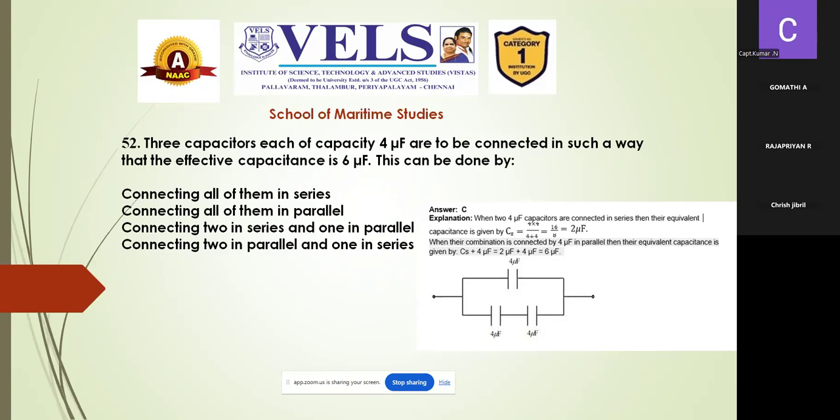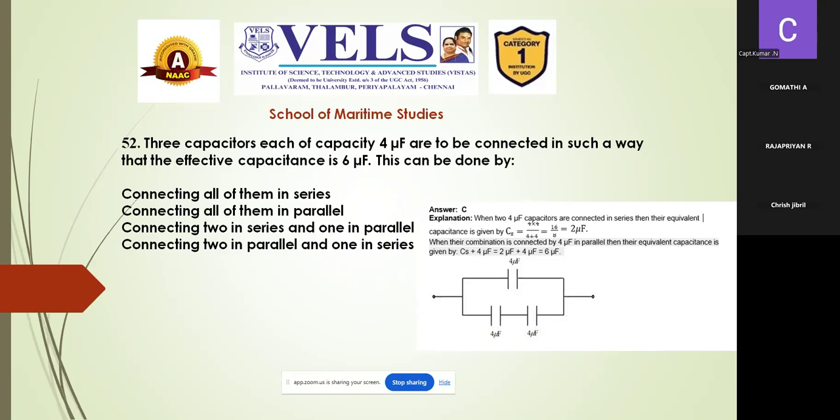In parallel, the effective capacitance Cp is equal to C1 plus C2 plus C3, 4 plus 4 plus 4, so 12, which is not equal to the effective capacitance 6. So this is not the answer.